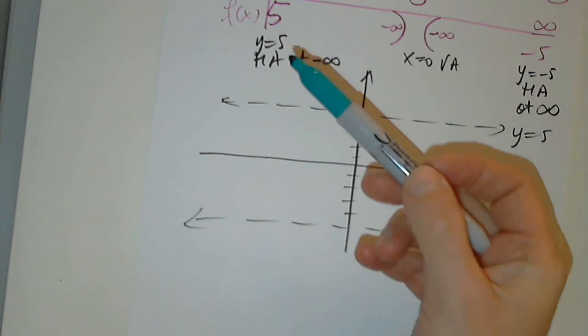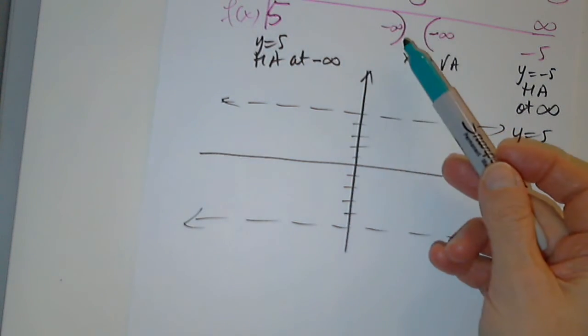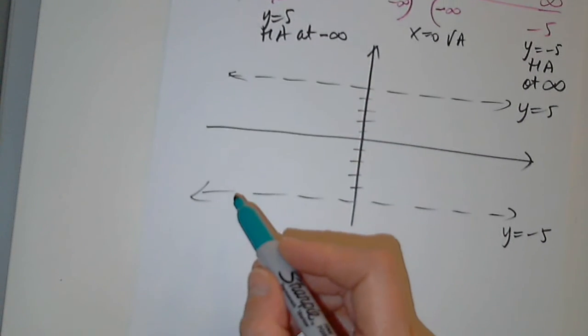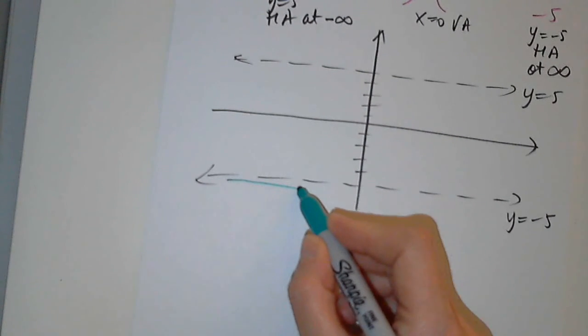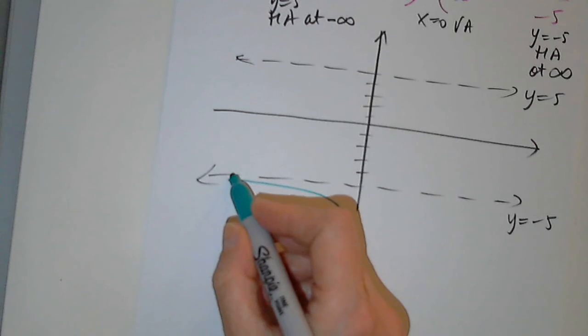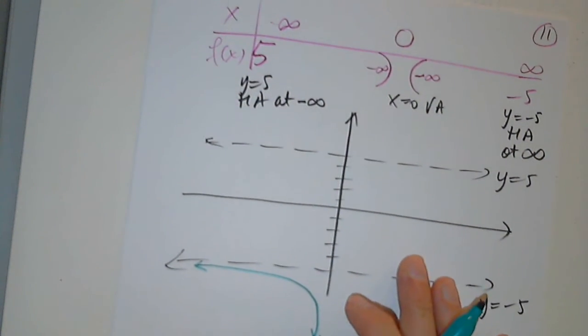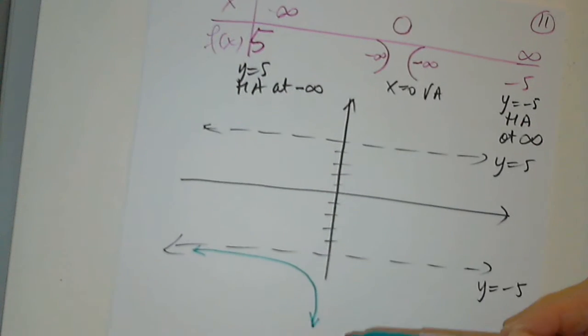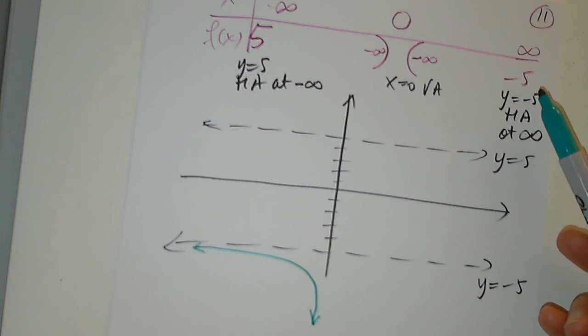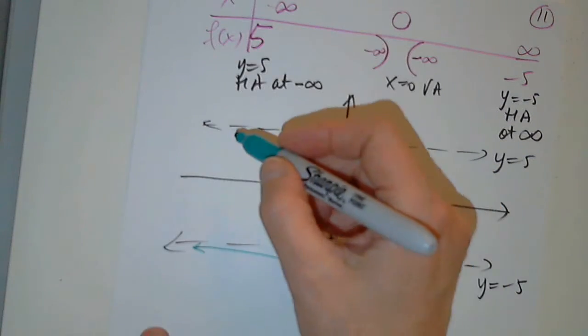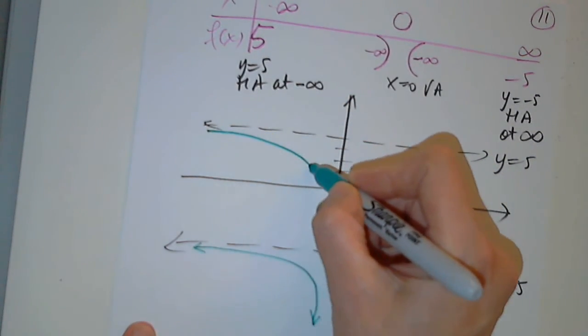Okay, so from approaching 5 to -infinity. And from -5 now to, sorry.